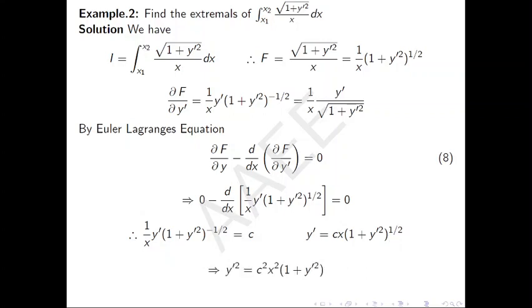Squaring on both sides, we get y dash square is equal to c square x square times (1 plus y dash square). Taking the y dash square term to this side, we get y dash square minus c square x square y dash square is equal to c square x square. Taking y dash square common, we get (1 minus c square x square) y dash square is equal to c square x square.